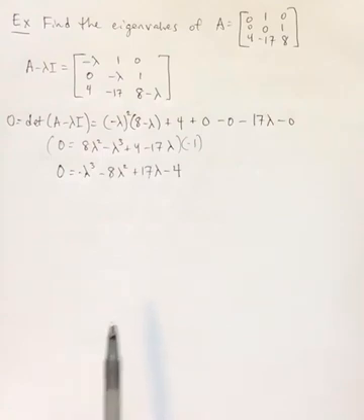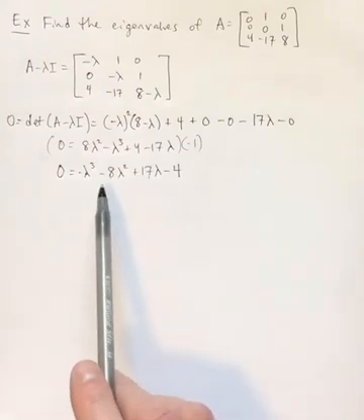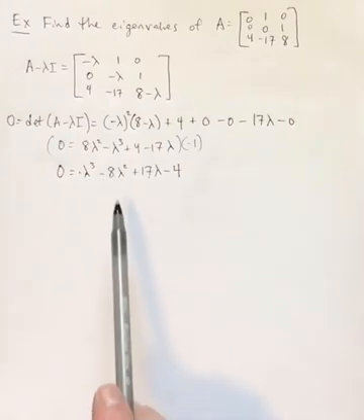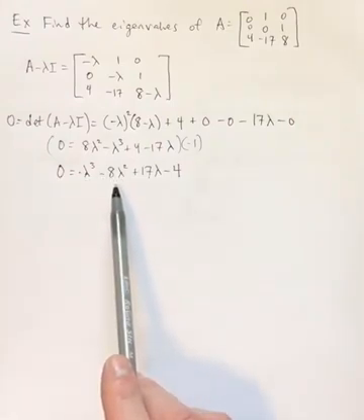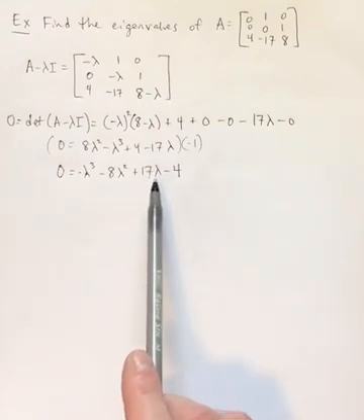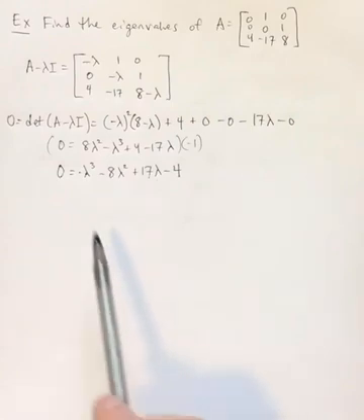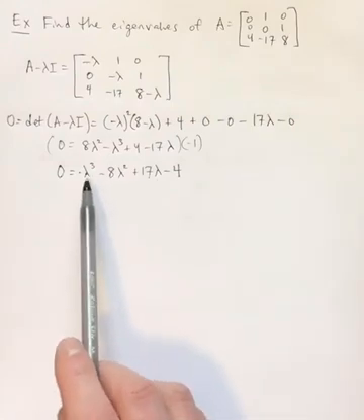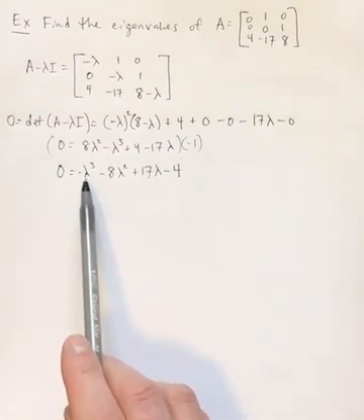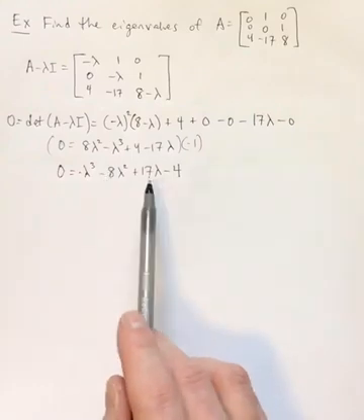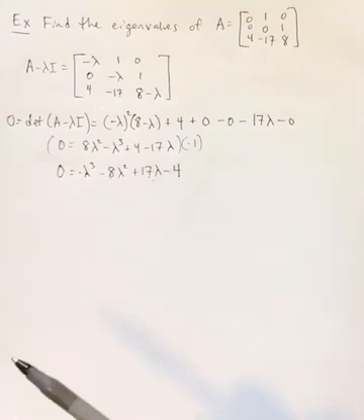We could check 2, but just really quickly, 2 cubed is 8, minus 8 times 2 squared is minus 32, which is negative 24, plus 34 would be 10, minus 4 would be 6, so 2 does not work. And then if we checked 4, 4 cubed is 64, minus 8 times 4 squared would be minus 128. That's negative 64. Plus 68 would be 4, minus 4 would be 0.